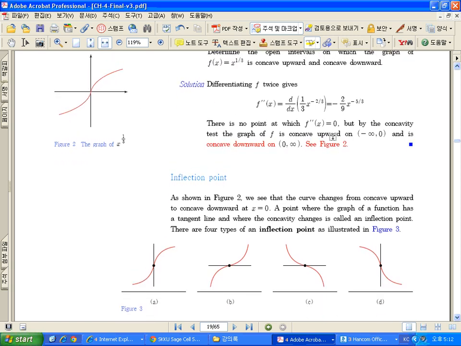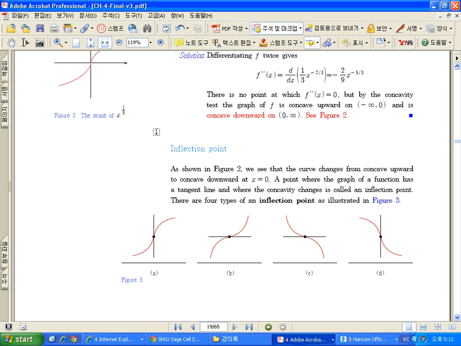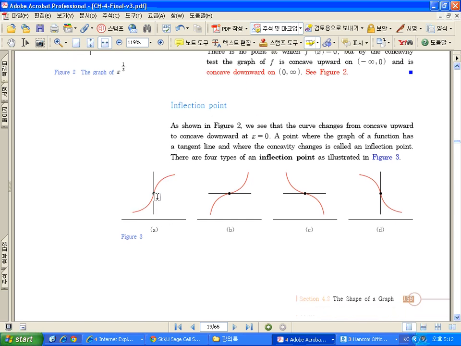Here figure 2 says it is concave downward from 0 to infinity, and concave upward from minus infinity to 0. Here those are examples of an inflection point, where f double prime of x changes. f double prime of x is equal to 0.